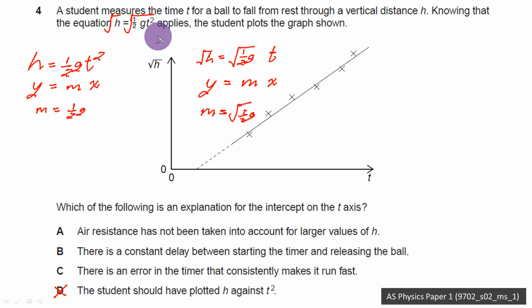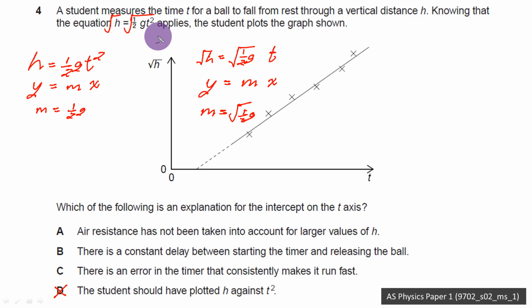Instead, systematic uncertainties can be reduced only by improving experimental techniques. A few examples include the zero error, parallax error, a wrongly calibrated scale, and the reaction time of the experimenter.